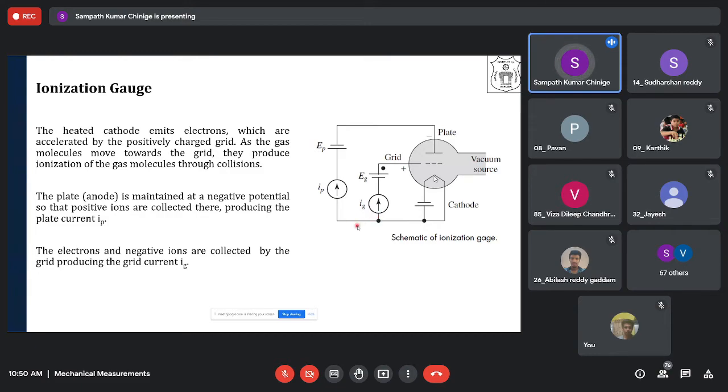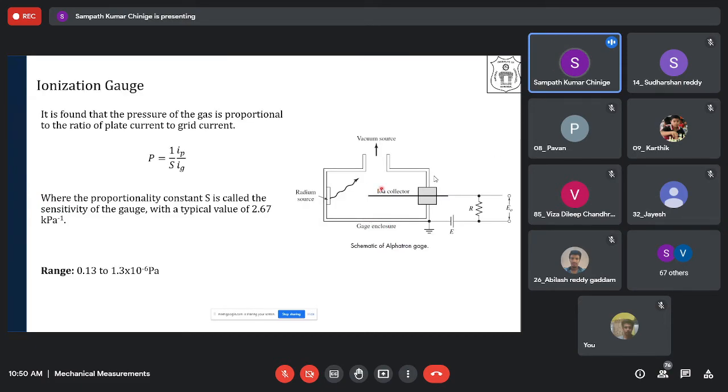So it can be written as P is directly proportional to IP by IG, which is taken care of by a proportionality constant that I'm calling 1 by S, where S is what we call the sensitivity of the gauge.